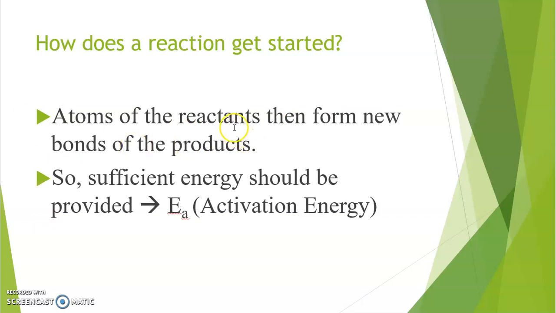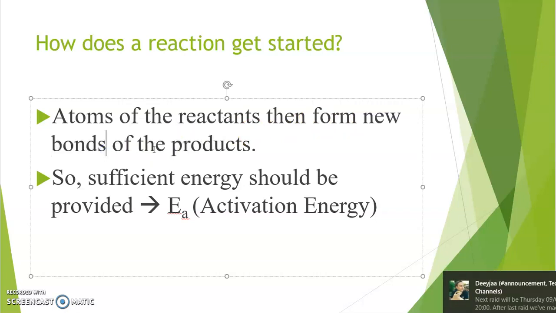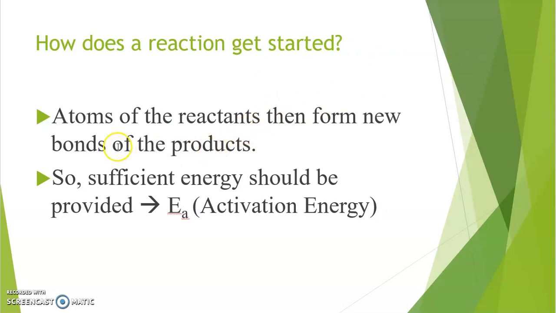So what happens to the atoms of the reactants when they break? They form new bonds in the products. Bond breaking happens in the reactants, bond making happens in the products.